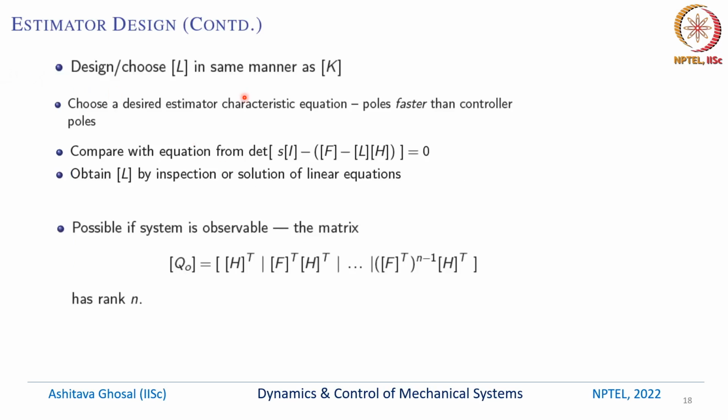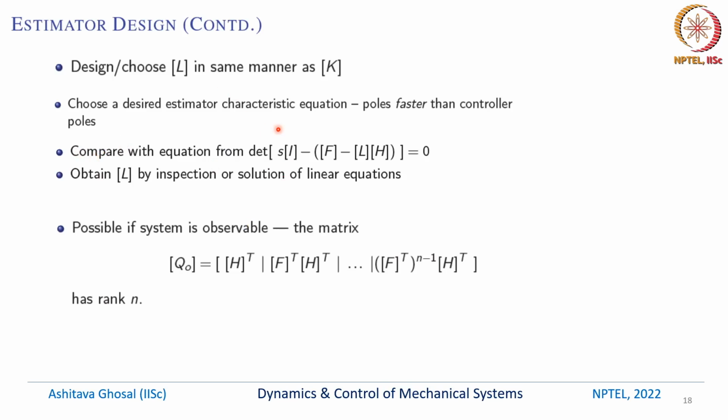And how do we choose or design L? In exactly the same manner as we did for the controller gains K. So we choose the desired estimator characteristic equation, and the poles need to be faster than the controller poles, because the controller requires x, so u equals minus Kx, and we need to ensure that x hat becomes x before it can be used by the controller.